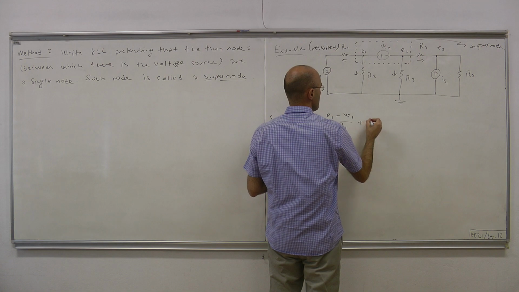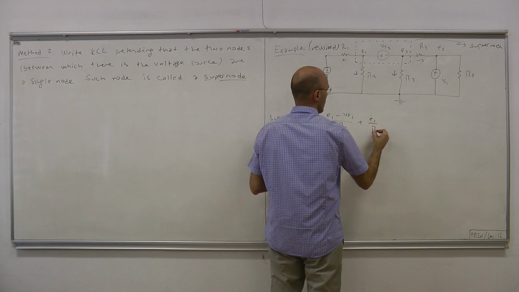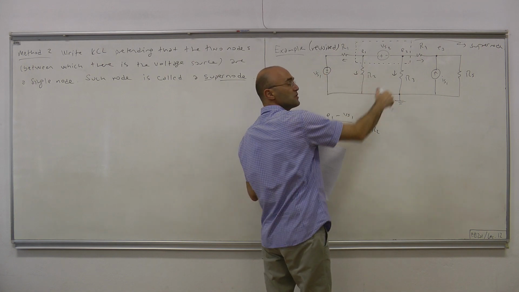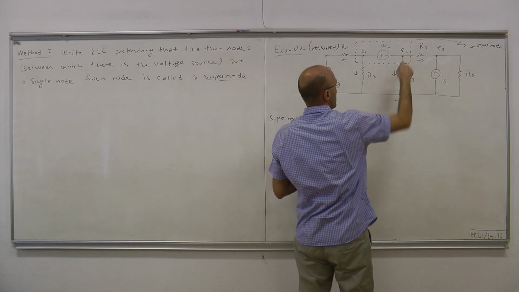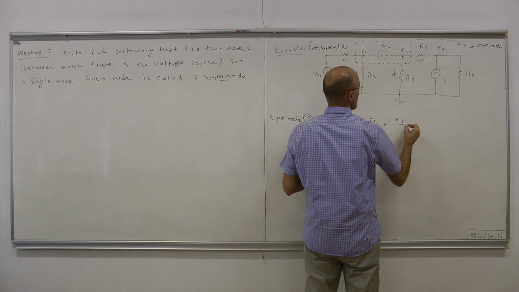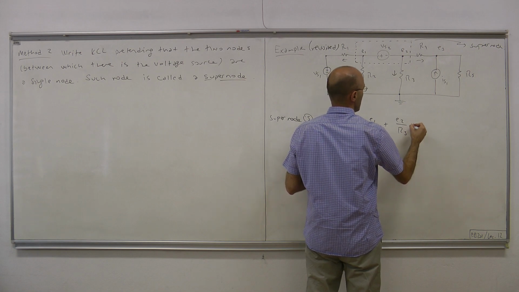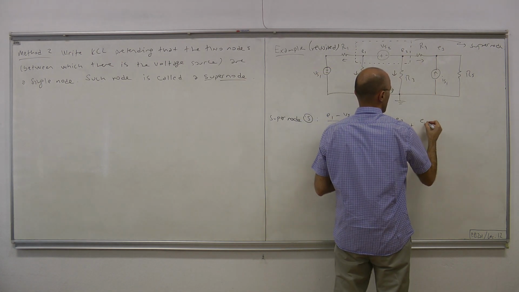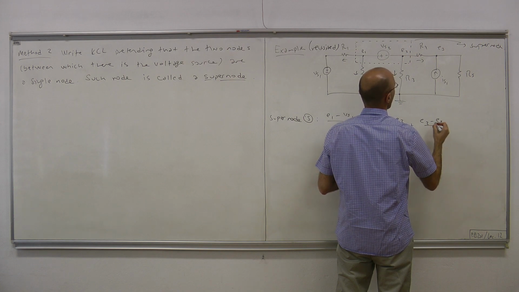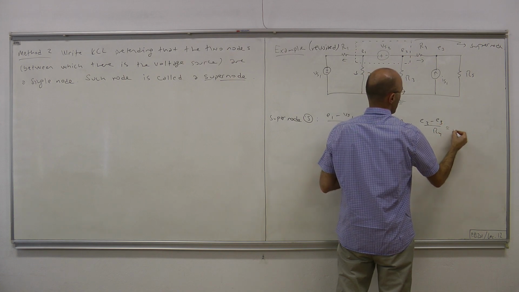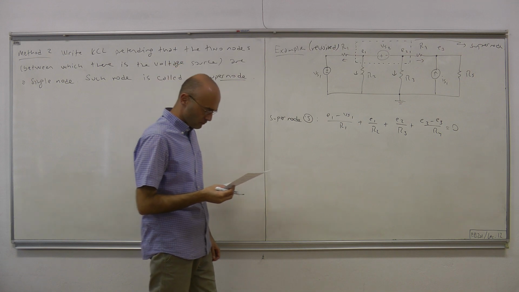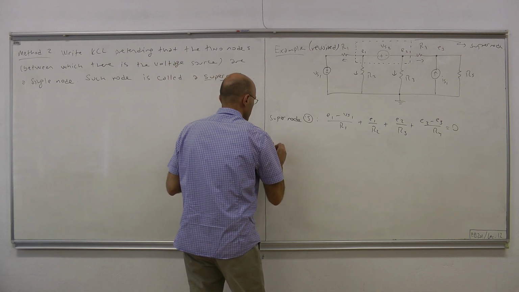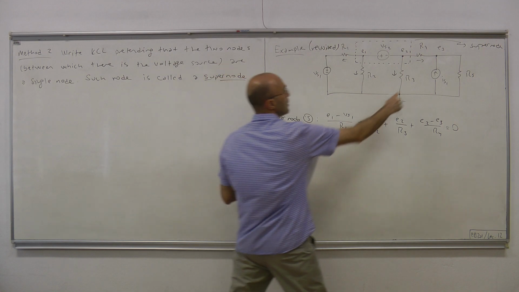This current is E1 over R2, because R2 is directly between the second node and the ground node. And we have this current plus E2 over R3, and so on. Finally, E2 minus E3 over R4. And by KCL, this sum must equal 0. And then we have the other node, node 3.